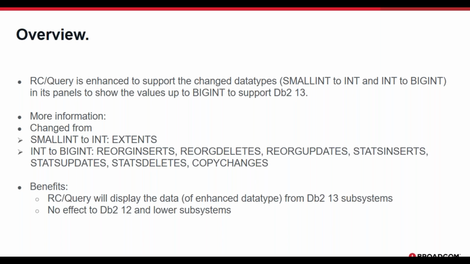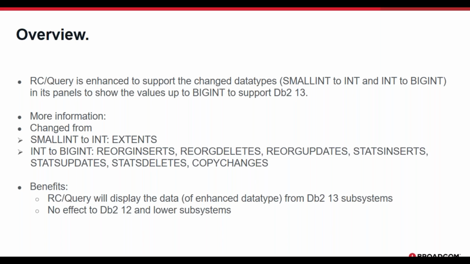As you know, the RTS tables for DB2 are being enhanced with smallint to integer and integer to bigint for some of the RTS tables. And now with this enhancement, in order to support day 1 support, RC query has been enhanced to support all the changed data types in the table space and index reports, to be in line with DB2 13.